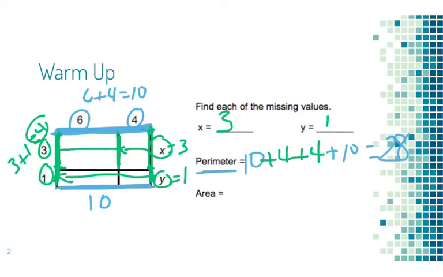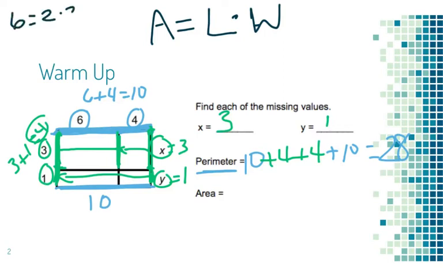Now, the area formula is A equals L times W. Now, if you think back to the lessons we did last week, if we have a number like 6, and that's equal to 2 times 3, those terms are called factors.